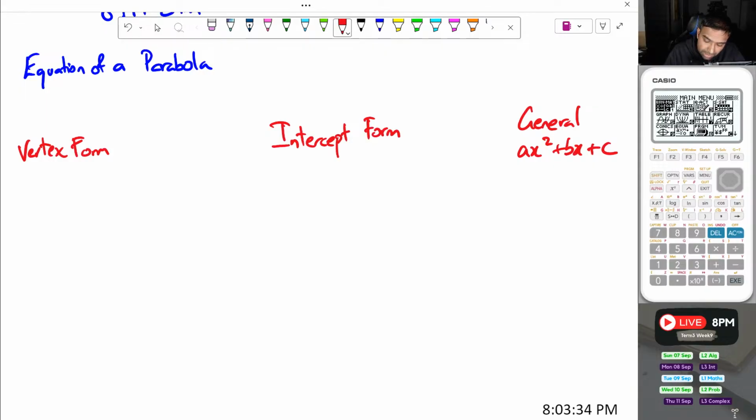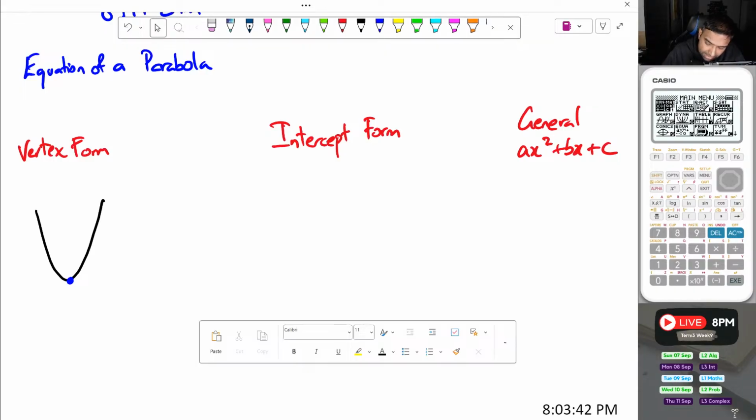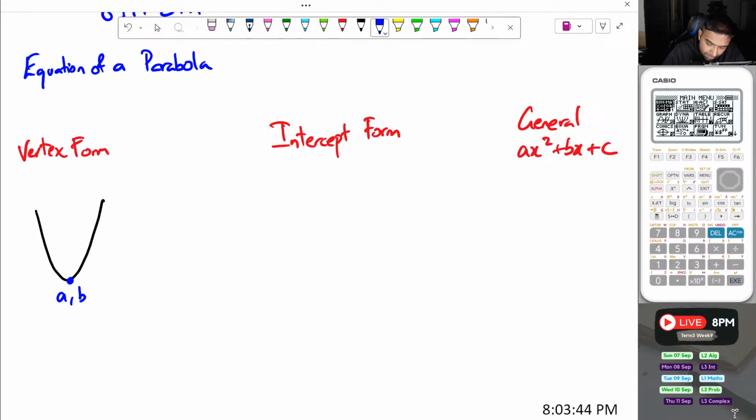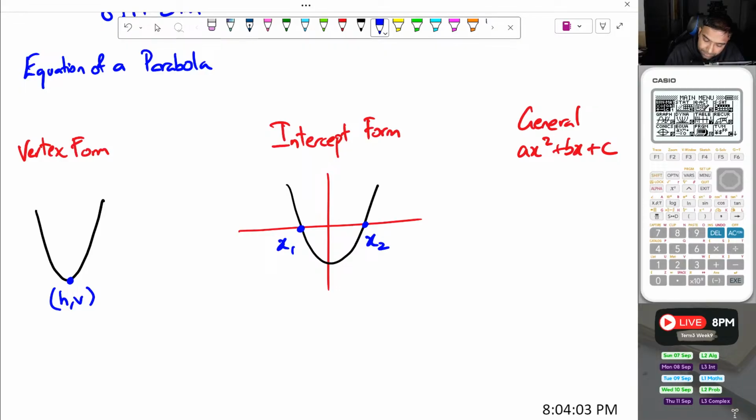Now with the vertex form, you are looking at the turning point, whatever the turning point is. Let's say in this case it's something like AB, for example. No, not AB. I always go with H and V. For the intercept form, you're going to end up with something that looks like this, where this is x1 and x2.